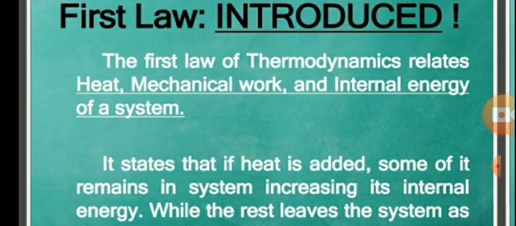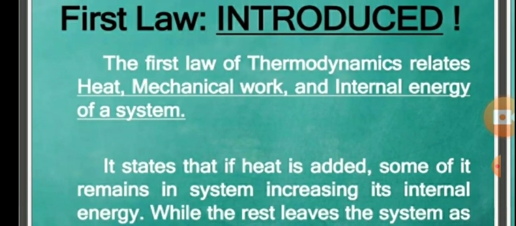So about the first law, very simply, the first law tells about the relation among the heat absorbed or released by the system, the mechanical work by the system or on the system, and the change of the internal energy of the system.